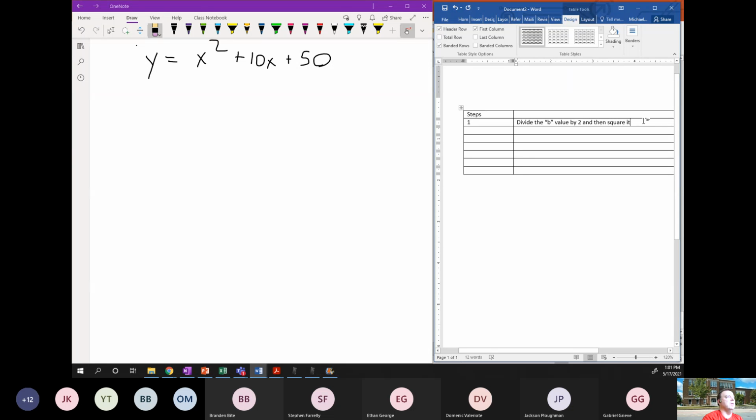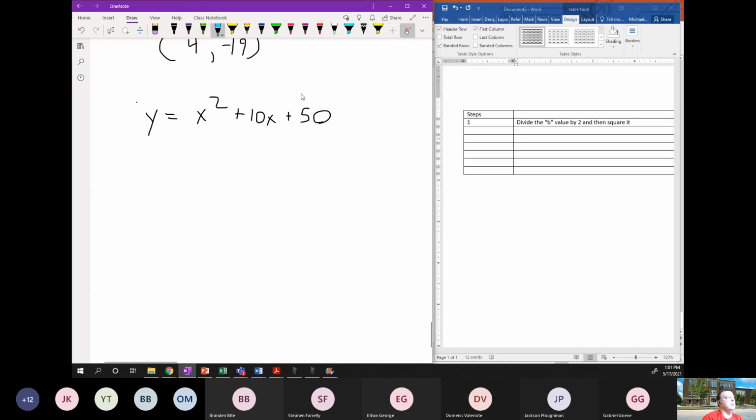All right. So our b value, remember, so y equals ax squared plus bx plus c. So the b value refers to the number in front of just the plain x.